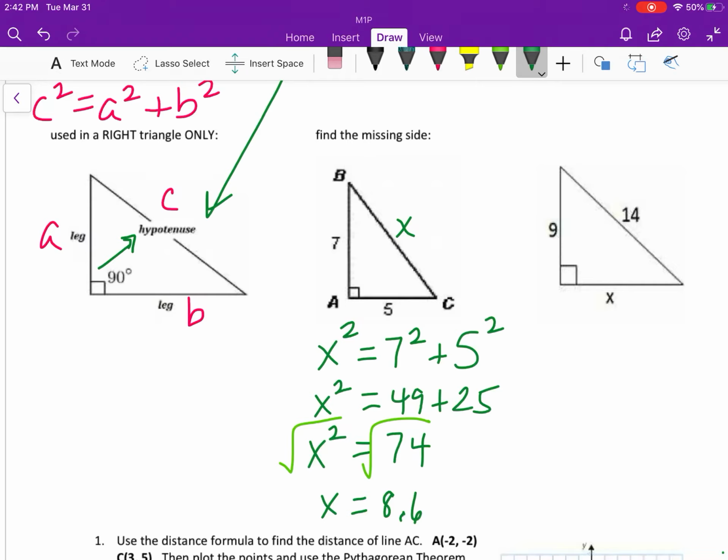Now, you also might need to do that in simplified roots. Okay, simplified roots, again, is where we take the 74 and break it down. Unfortunately, this one divides by 2, 37. So guess what? This is actually already finished. It's already simplified. You can't go any further.